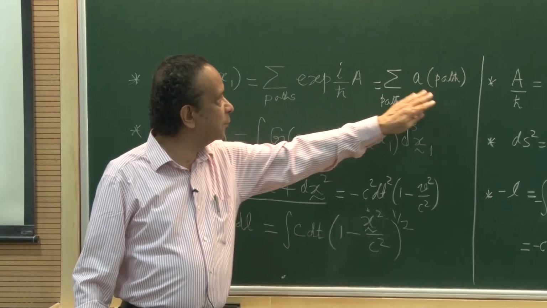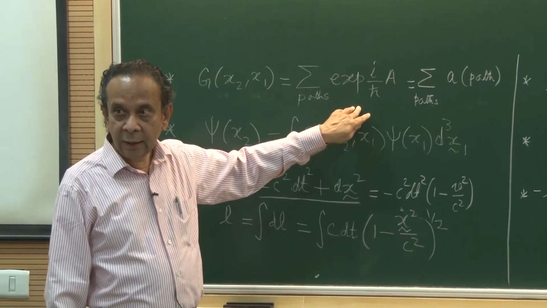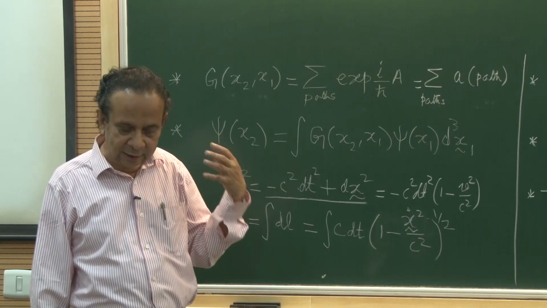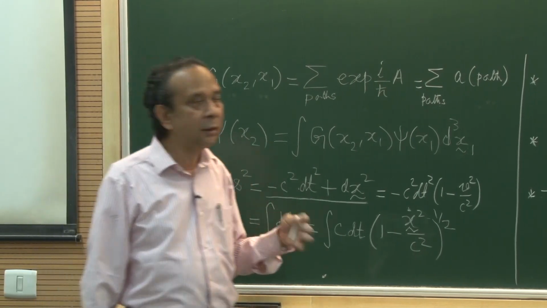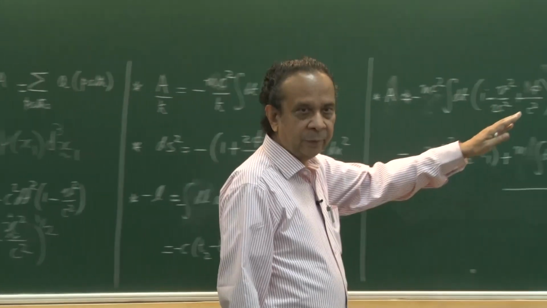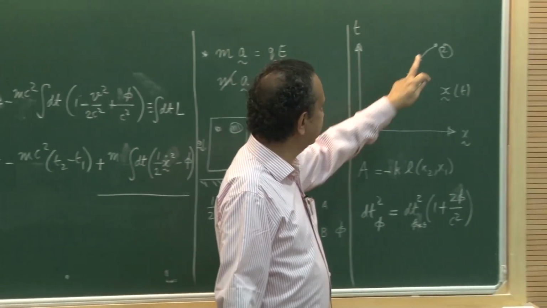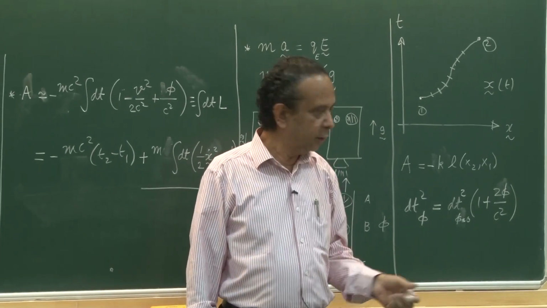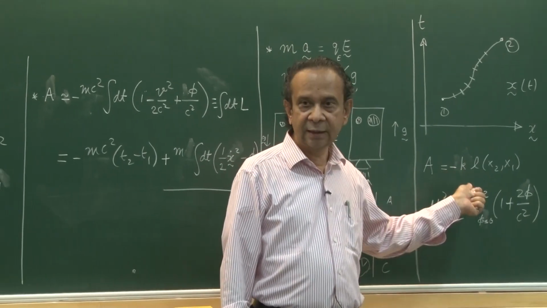Then we argued that this path should have this form. Then we argued that if we are talking about a single particle, not free, a single particle which is moving along the path, then it is natural to use some element which is linear in the length for the action. So, we took this action to be this times length.